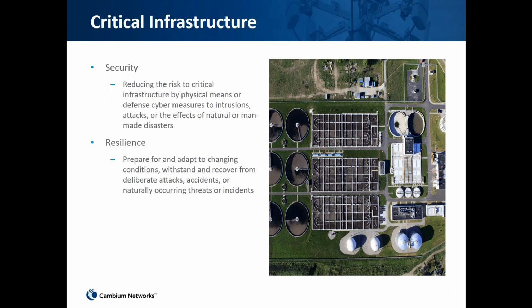Resilience, in the sense, it should be able to withstand deliberate attacks, either through cutting of lines due to wind or any other solution, or through naturally occurring threats as well. So by having a resilient solution, you can actually have a redundant network. In a way, if one link goes down, you have another way of communicating back to your main long distance backhaul.